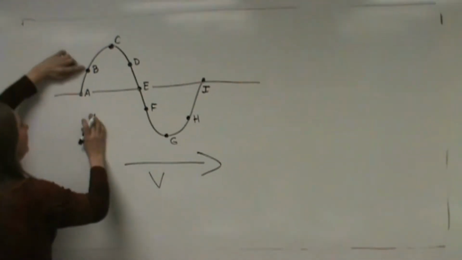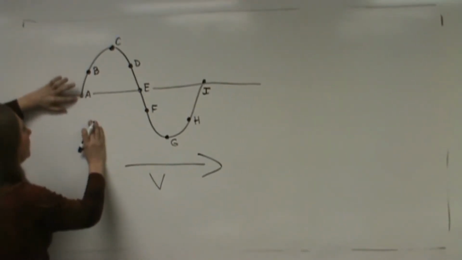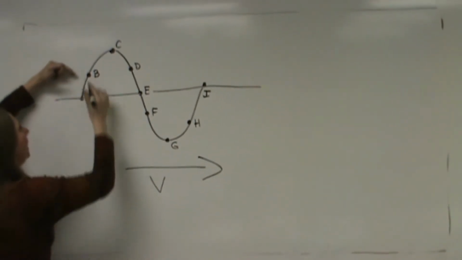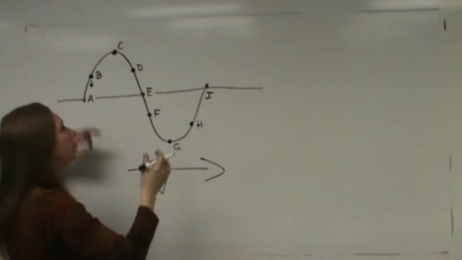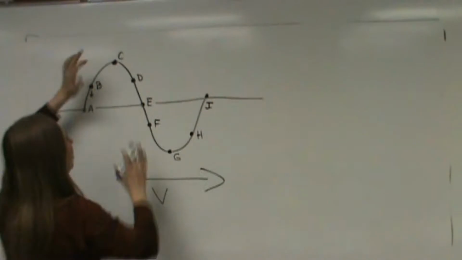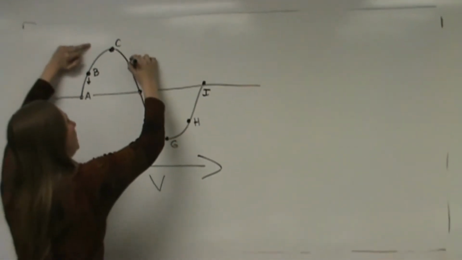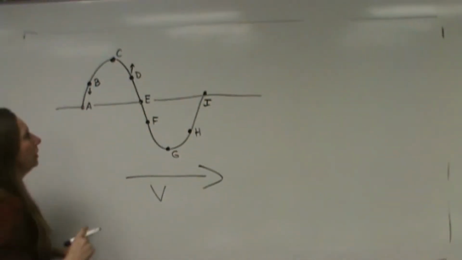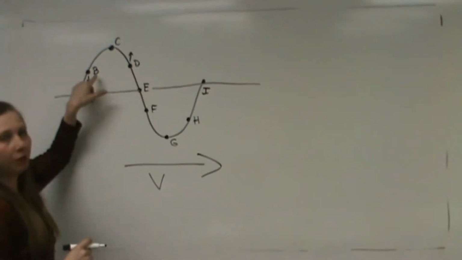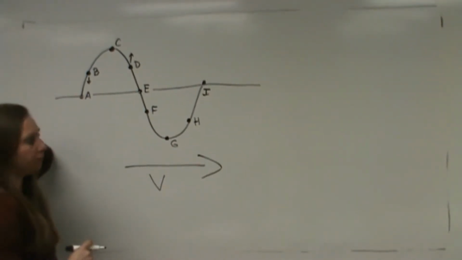You will note that in the next instant, B will be down here. So B is actually heading downward, while D in the next instant will be up here. When this part of the wave moves on to D, D will be up here. So D will be heading in this direction. So even though they have the same amplitude, they're going to have different velocities.